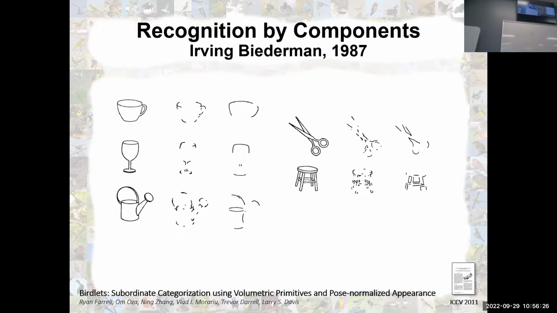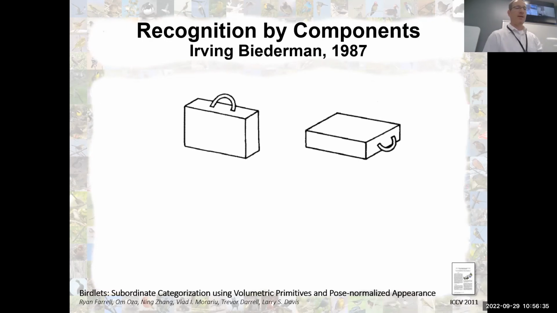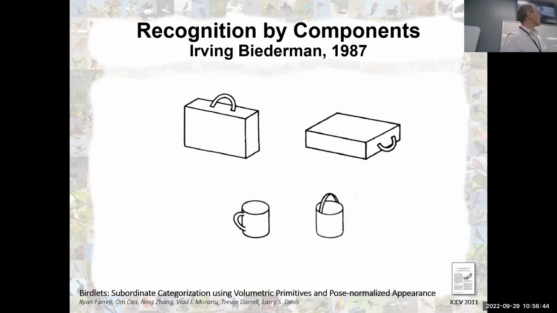You can see that these objects are composed of cylinders, in some cases, and straighter, more box-like things, and how those things are configured. Call the one on the left a briefcase, the one on the right a drawer, right? Or similarly, a mug or a paint can. As far as the components that make these up, they're the same, it's just how they're configured that allows you to tell what the object is.